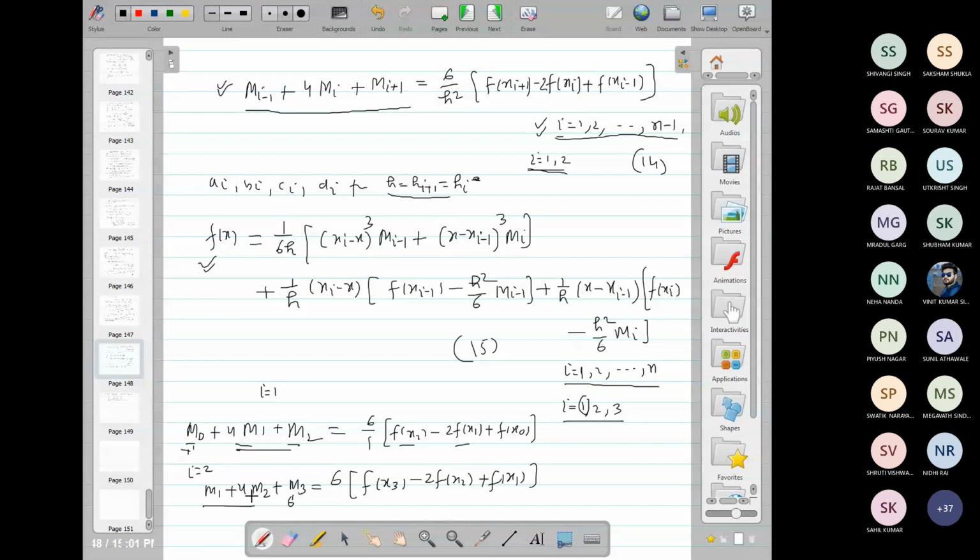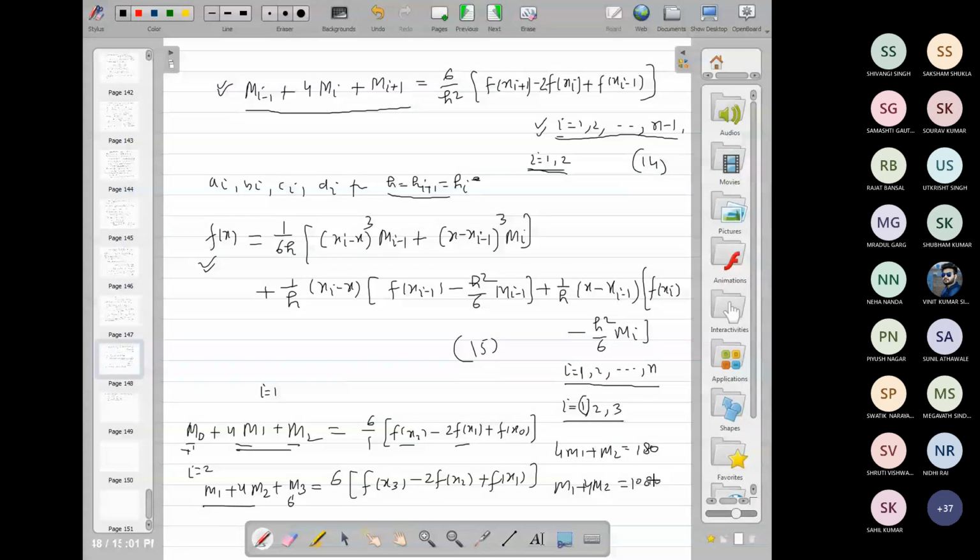After simplification, you will see it becomes 4 m1 plus m2 is equal to 180, and the other equation becomes m1 plus 4 m2 is equal to 1080.